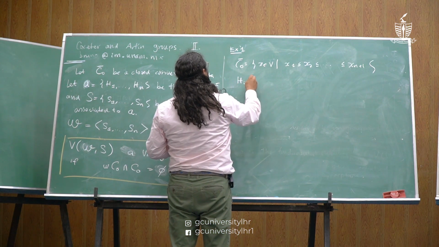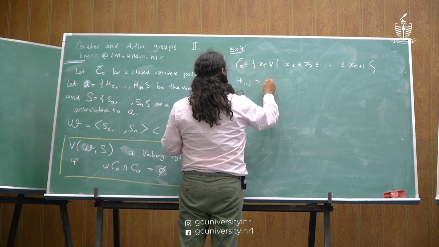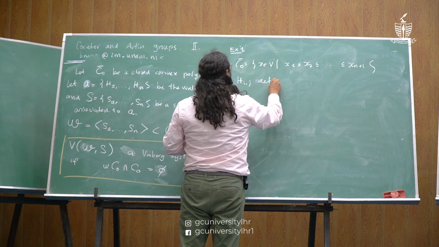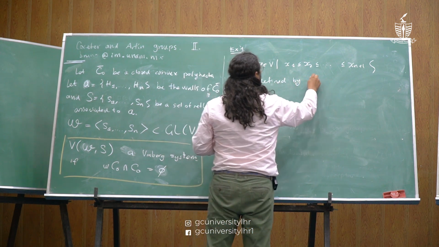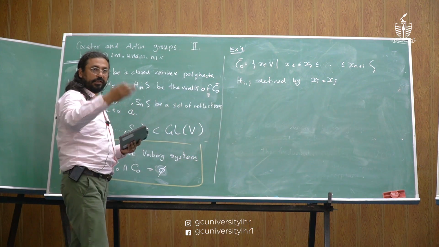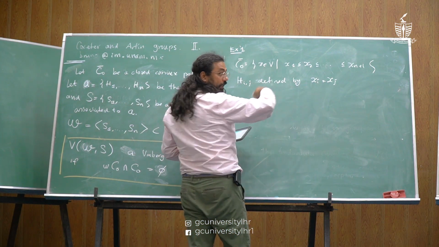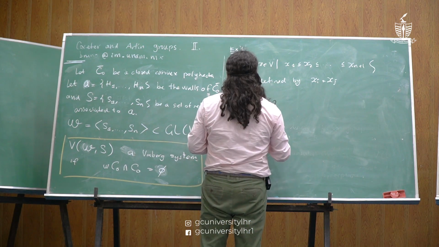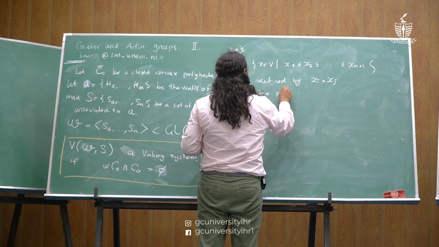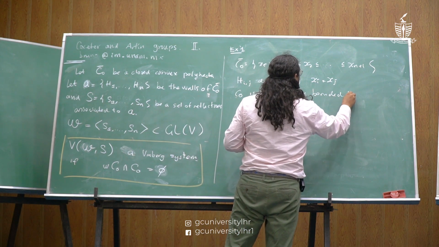And then we have H_ij defined by xi equals to xj. That is all the diagonals, right? Then C0 is the convex polyhedra that is bounded by it, right? Bounded by this.